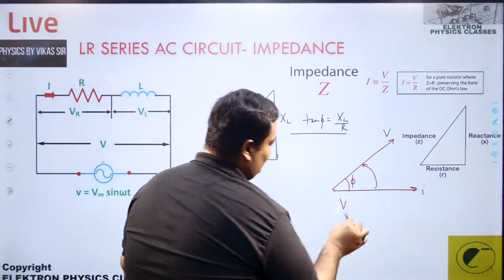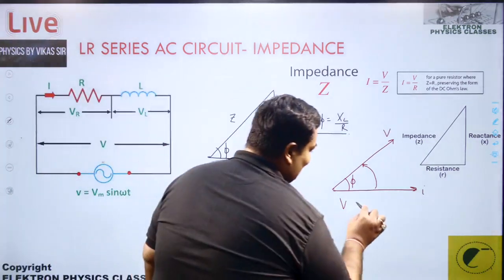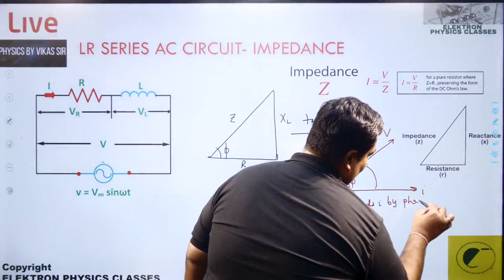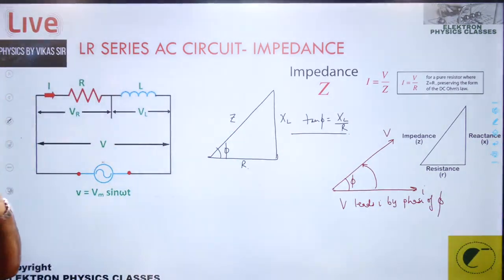So the net voltage of the LR circuit leads the current by the phase of phi, not pi by 2.